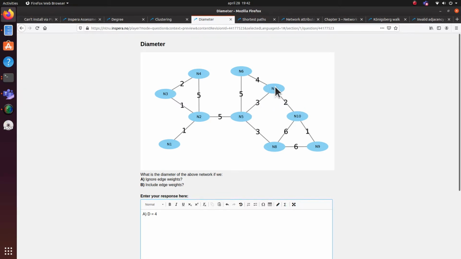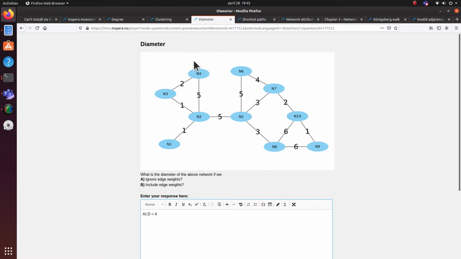The distance from n5 to n10 is 3 plus 2. And the distance from n5 to n9 is 3 plus 2 plus 1, a total of 6. Even though you have to go through 3 links, it's a relatively short distance compared to what we have from n5 to n6. That, even though it's just 1 step, has a distance of 5.